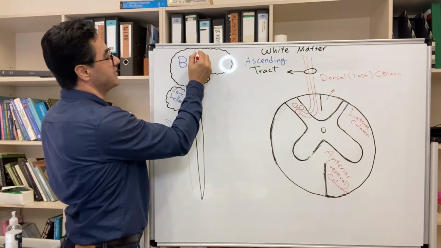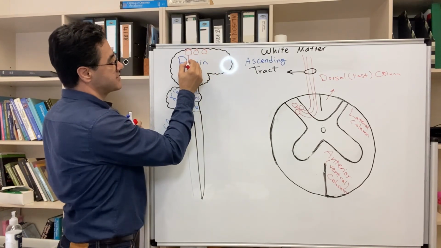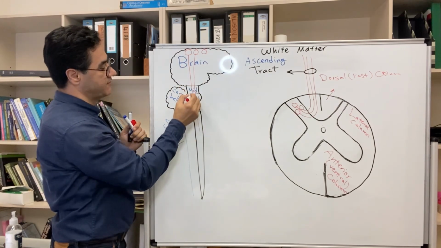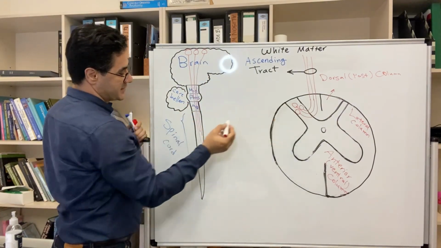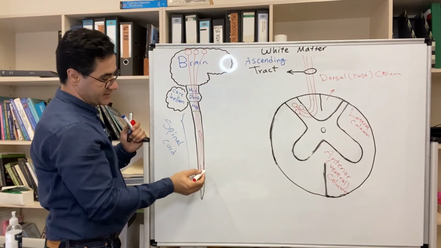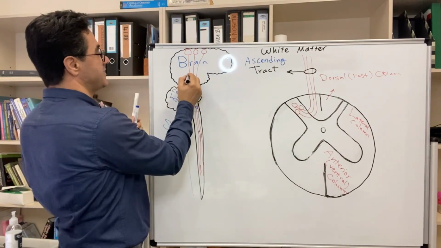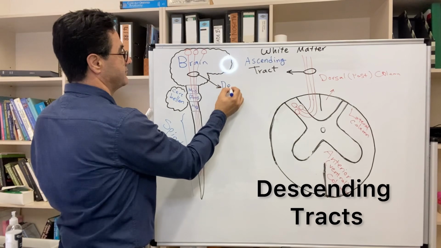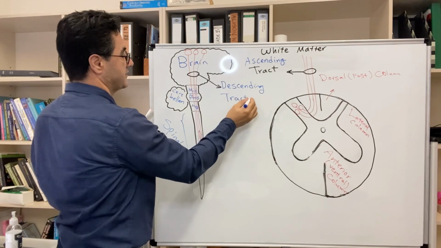The cell bodies of the descending tracts are in the cortex of the brain, and the axons come out of the brain, crossing the midbrain like this, and pass through this white column and get into the muscles or glands, etc. This bunch of myelinated axons are called descending tracts.